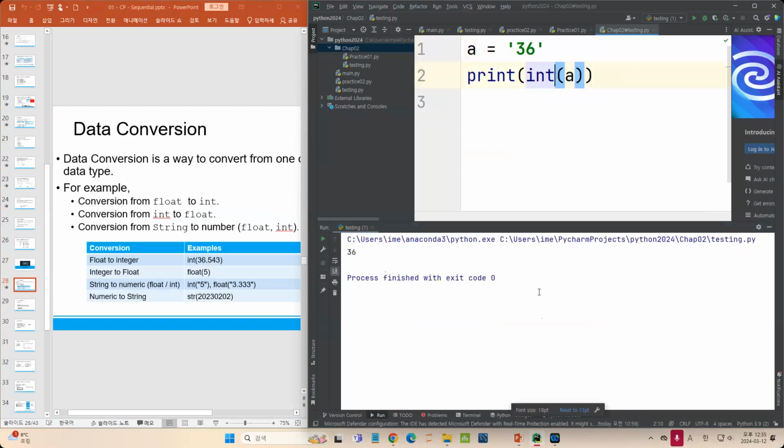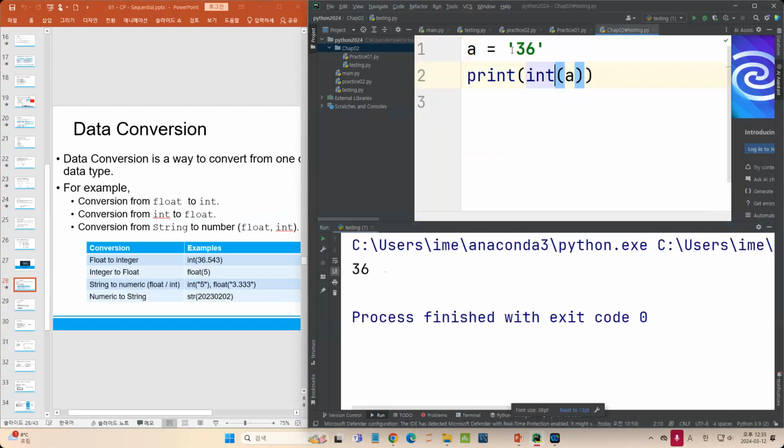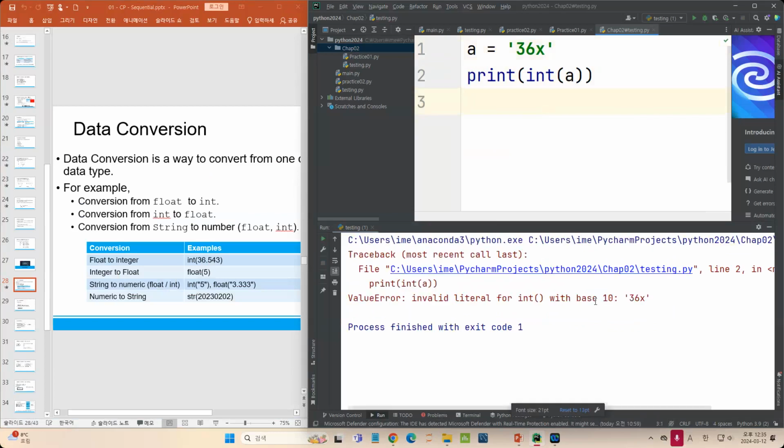Yeah, it is possible, as long as the string contains only numbers. What if I have "36x"? Is it possible to change this into integer? It will be an error because x is not a number. So if it is a string of numbers, then it is possible to change it to numbers.